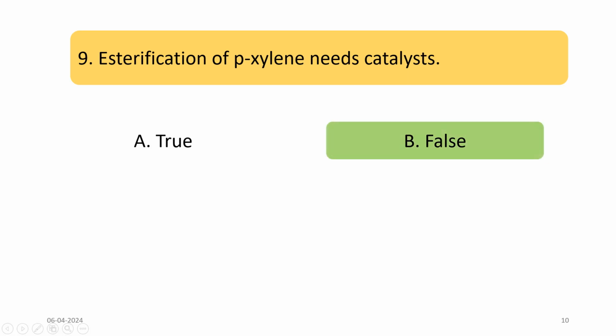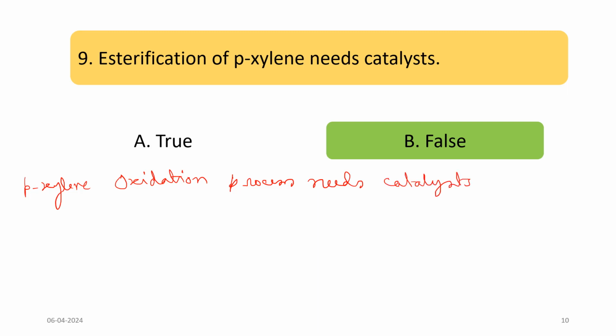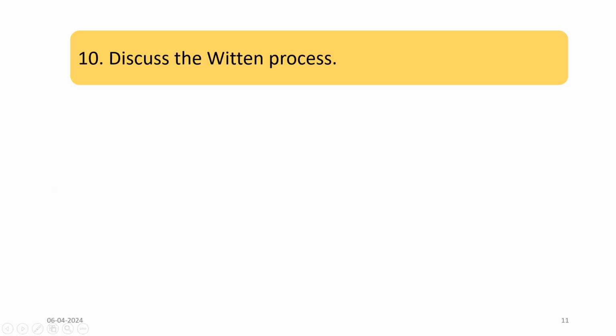It is false. So oxidation process needs catalyst. P-xylene oxidation process needs catalyst, not the esterification process. Okay, so it is false.